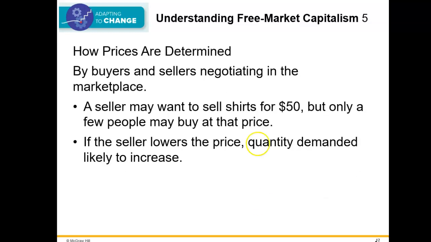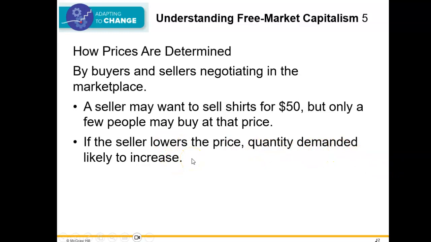Okay. So, how are prices determined? You have buyers and you have sellers who are going to negotiate in the marketplace. Now, a seller may want to sell a shirt for $50, but only a few people may buy at that price. If the seller lowers the price, quantity demand is likely to increase.